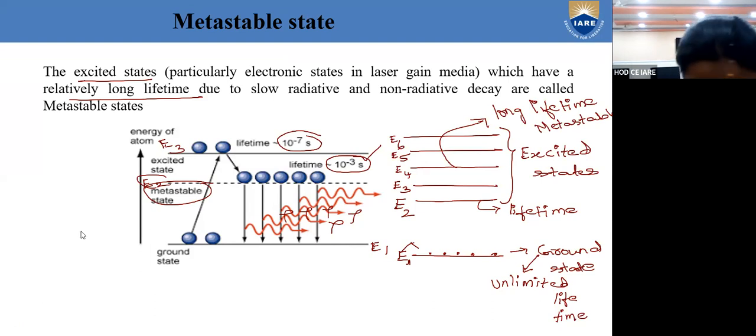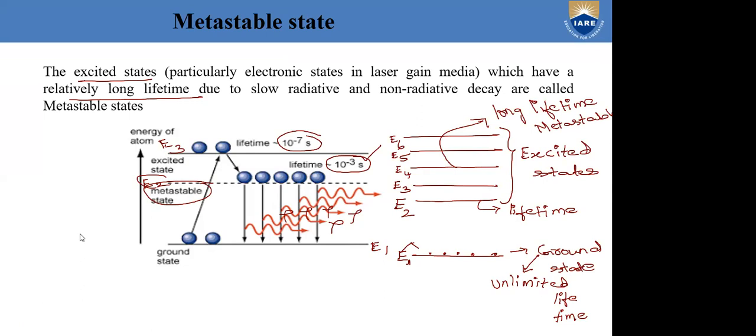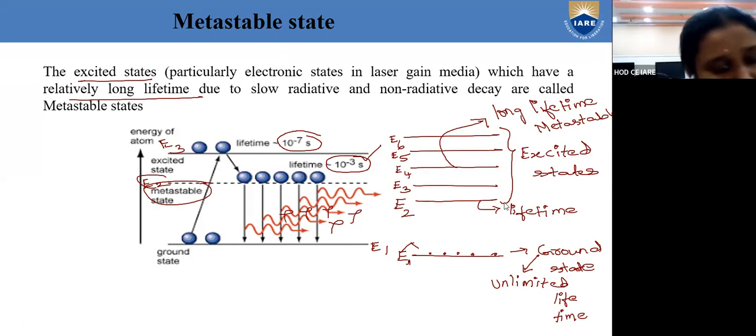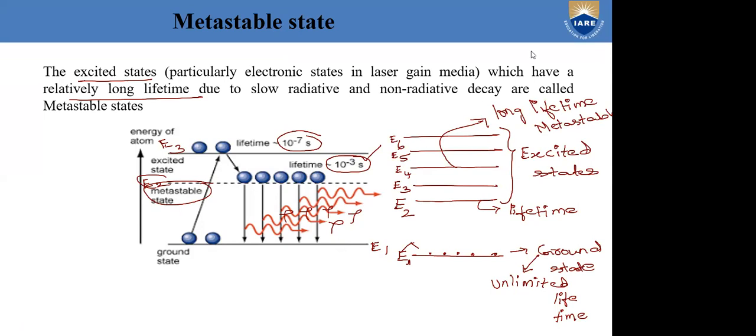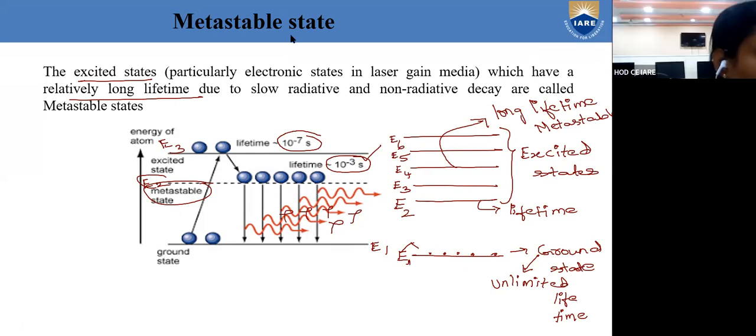Yeah, students, are you able to hear me now? So you got an idea about the metastable state? So shall I go for the next definition? You're copying? Yes, ma'am. Okay, copy it fast.